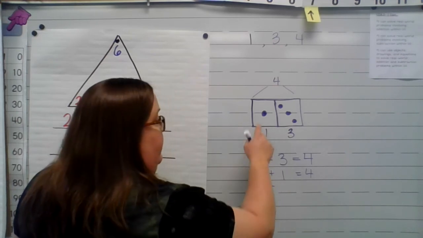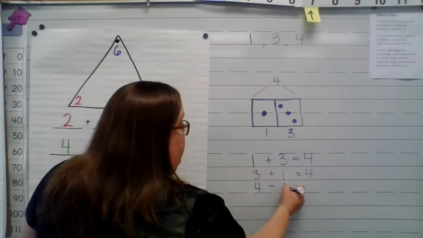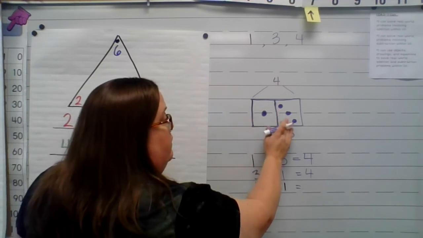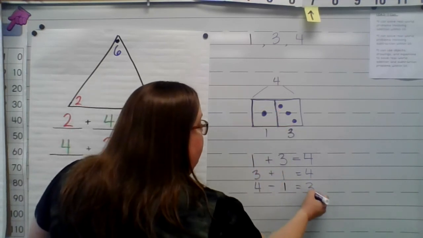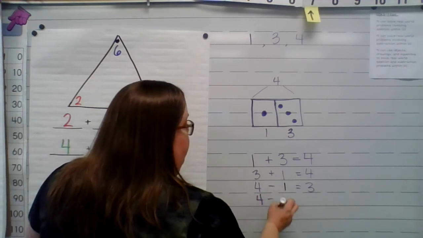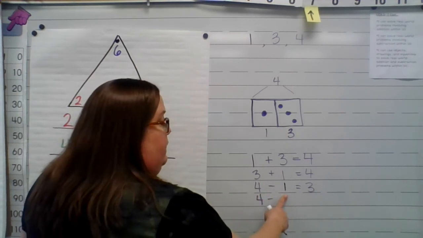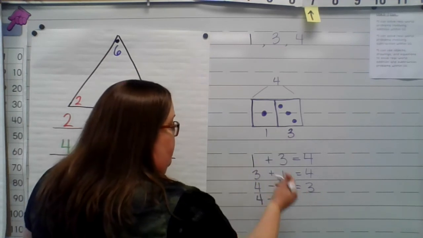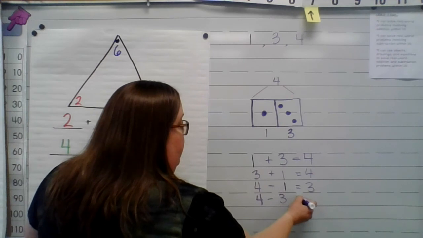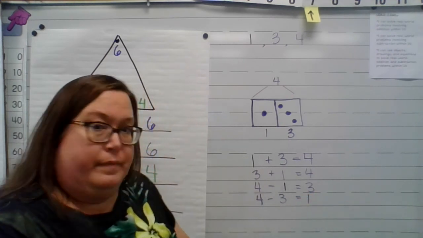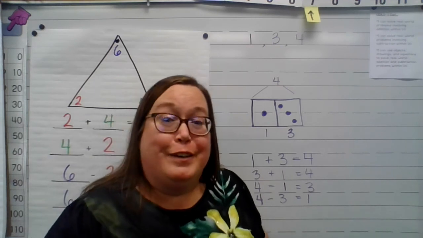And we'll take away 1. And if we take away 1, that leaves 3. Start with 4, take away, we can't take away 1. We already did that, so we're going to take away the 3 equals 1. Good job, friends.